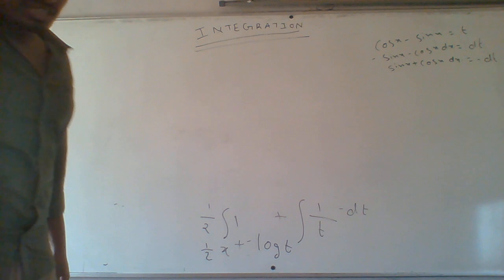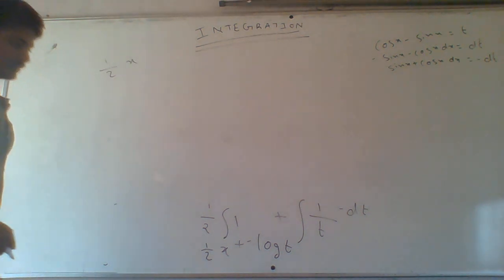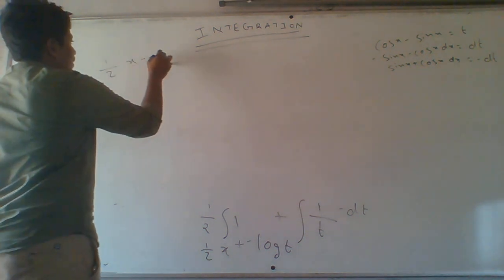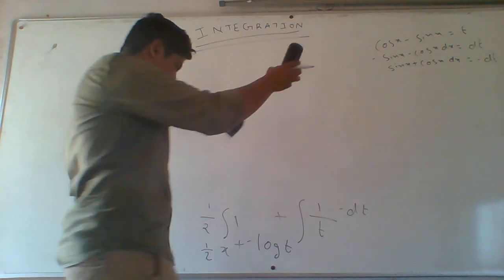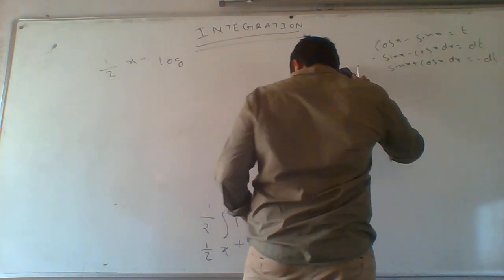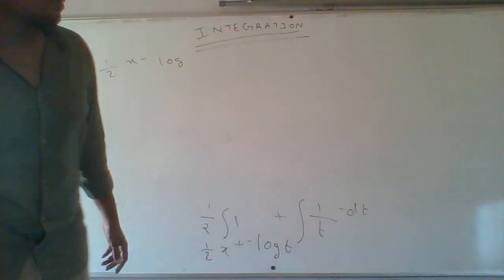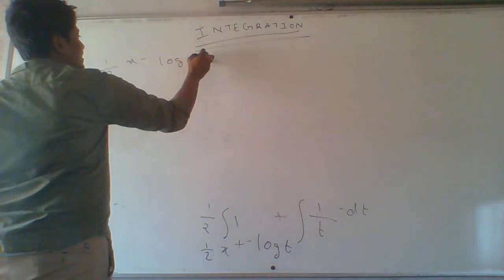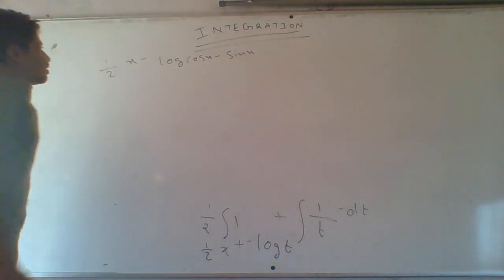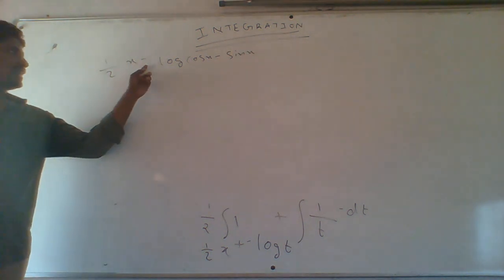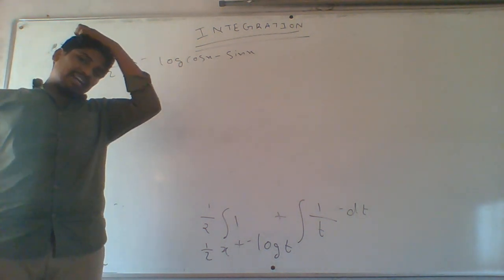What we have assumed as t, in the place of t we have to substitute cos x minus sin x. So it is 1 by 2 x minus log of cos x minus sin x, plus 1 by 2 into x minus log of cos x minus sin x. This is the final answer.